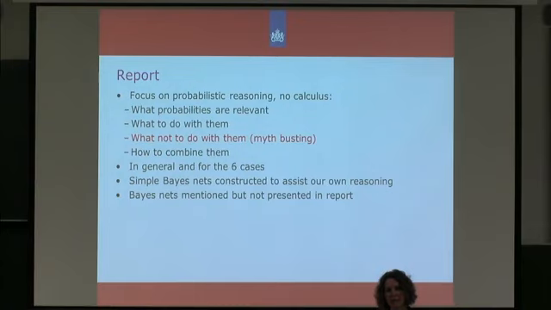So I wrote a report saying what are the probabilities that are relevant to assess, what to do with them, and especially what not to do with them. So that's the focus of my talk here, myth busting. And how to combine all these probabilities in general, and also for these 6 cases. I constructed some very simple Bayesian nets just for my own reasoning, basically.